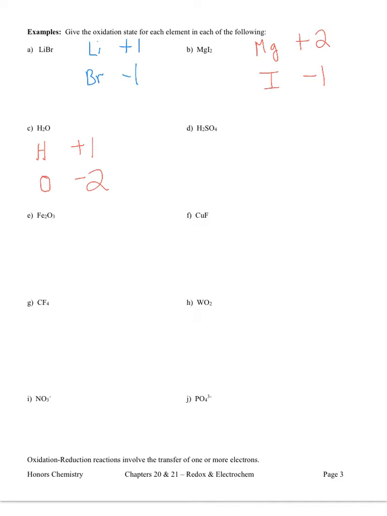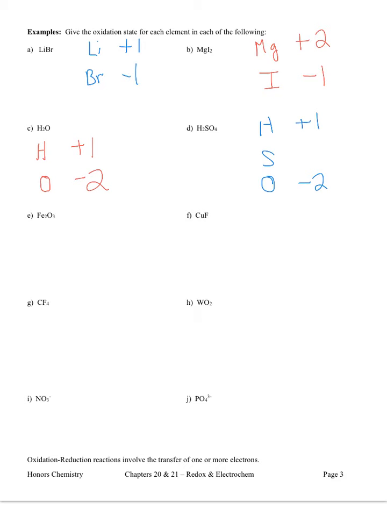Let's look at H2SO4. Now we have hydrogens, sulfur, and oxygens. Rule number 6 says that hydrogen in compounds is a +1. There is no rule for sulfur, so let's skip it for now. Oxygen, rule number 7 says it's -2. So we need to figure out what sulfur is.